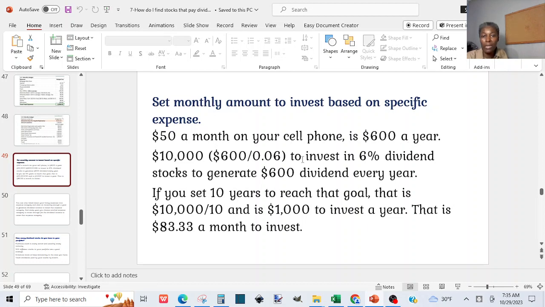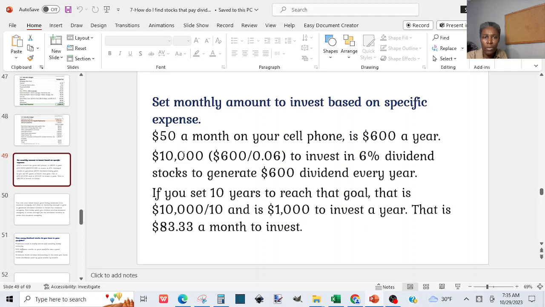So you can decide that a company needs to be paying for that expense. You'll take that $600 divided by a 6% dividend rate, and that'll give you $10,000. That means if you invest $10,000 in stocks that pay a 6% annual dividend rate, you'll be making $600 a year in dividends. That could cover that expense.